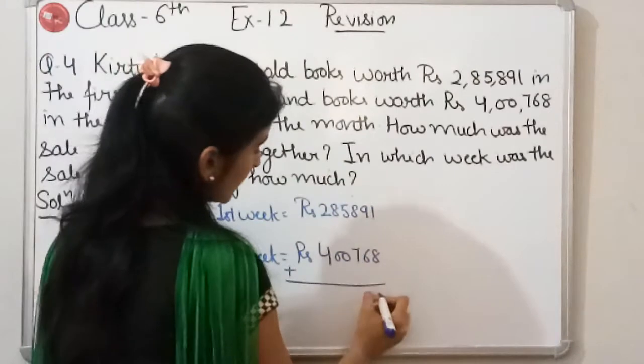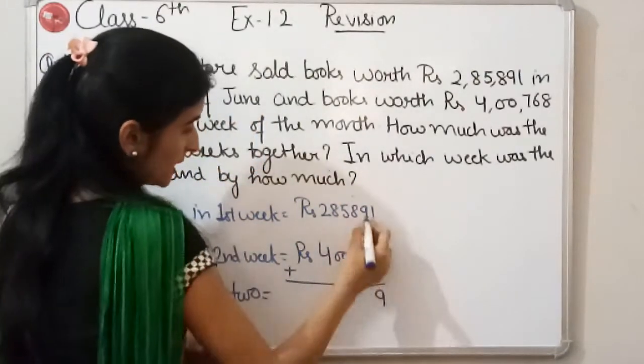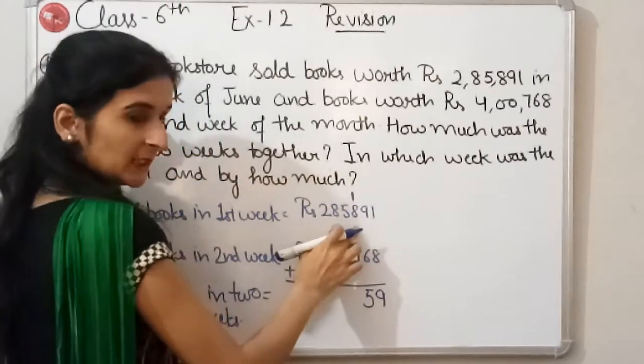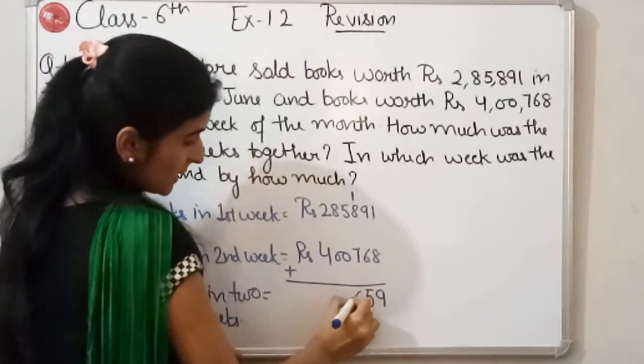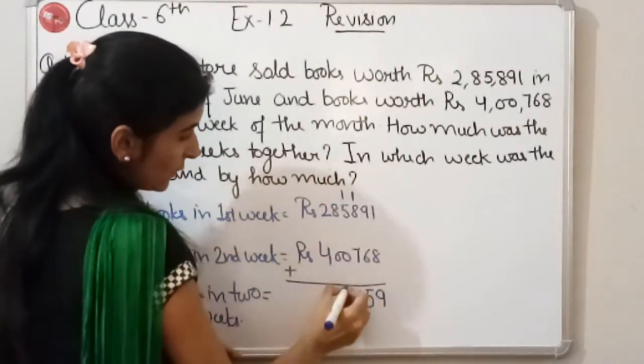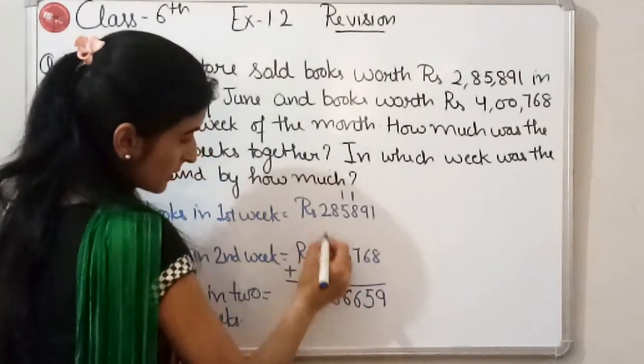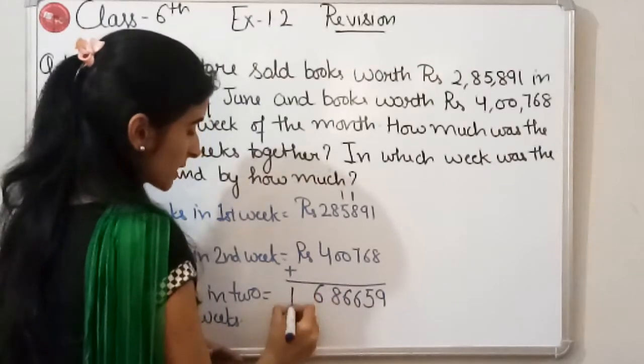So 1 plus 8 is 9. 9 plus 6 is 15. 1 plus 8, 9. 9 plus 7, 16. 5 plus 1, 6. 8 plus 0, 8. 2 plus 4, 6.